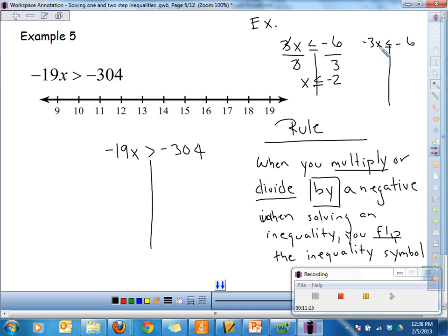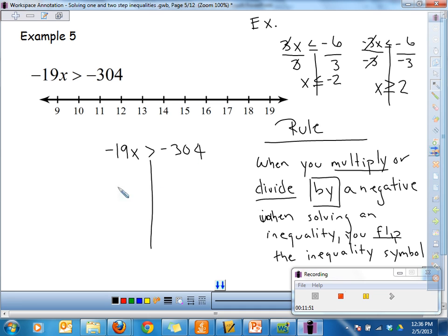So to undo that, I need to divide by, the key word there is by, negative 3. When you are dividing by a negative, the number that you are crossing out is a negative. You flip the sign. So this becomes x is, and instead of a less than or equal to, I'm going to put greater than or equal to positive 2. There's two examples.